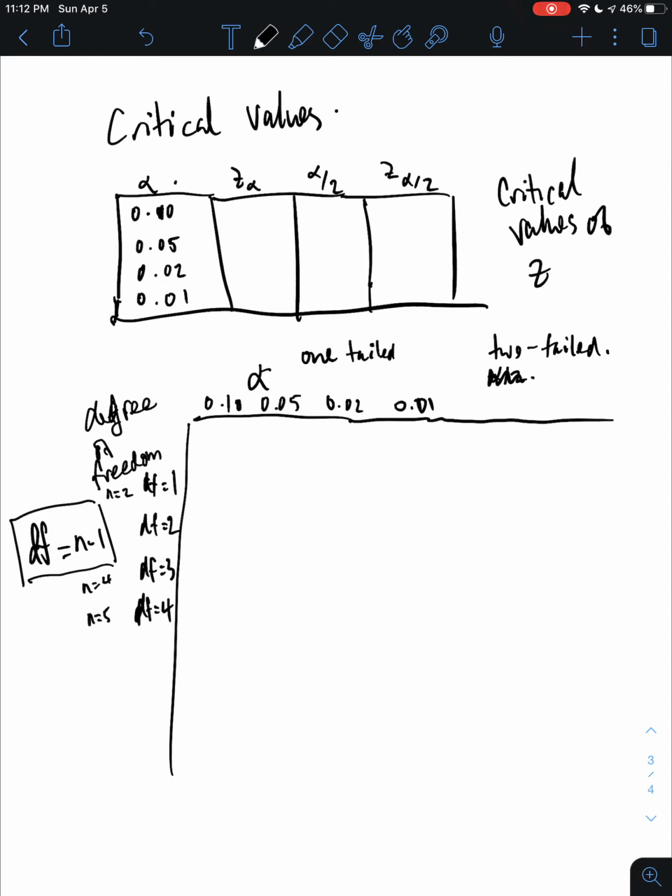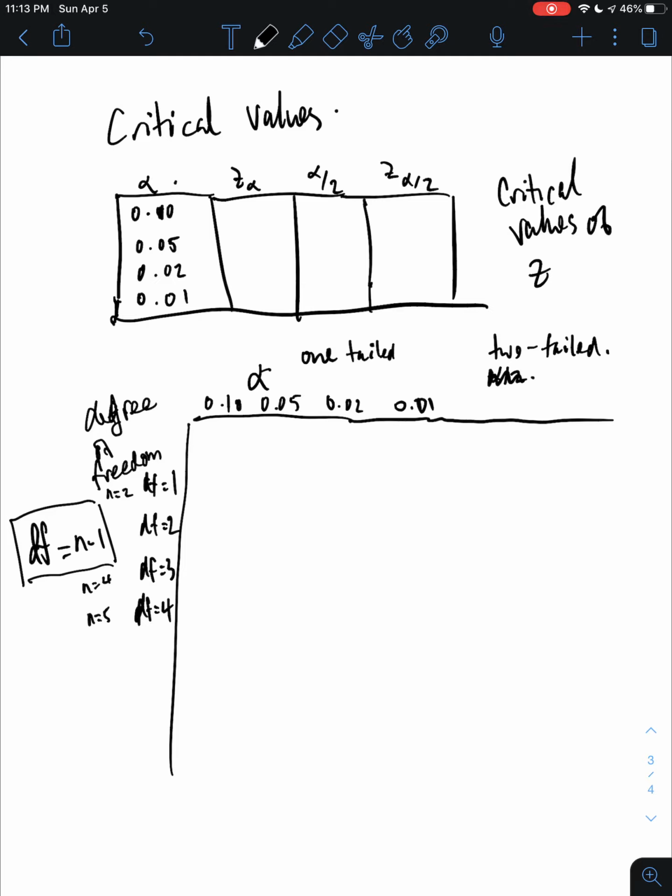In a pinch you can use it, but it's a little bit harder to use than the table I put in the Your Courses site, because that table helps guide you through one-tailed versus two-tailed.